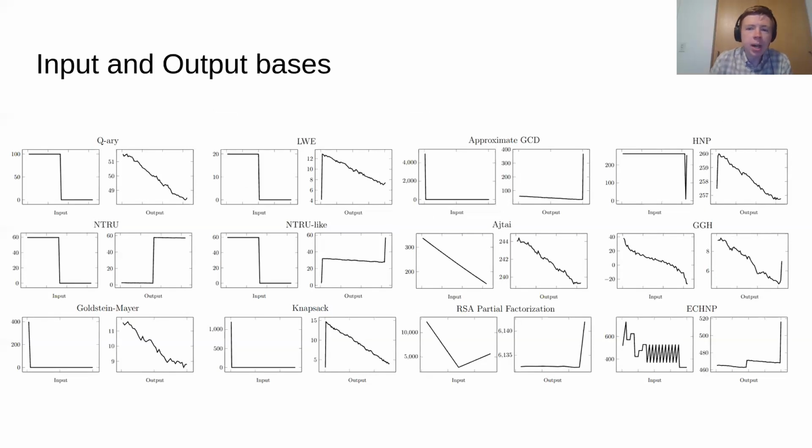As a few more examples of lattice profiles and what appears in cryptanalysis, we have this image from our paper. We have 12 different cryptanalytic problems that can be solved using lattices for certain parameter sizes. You'll see that each of these problems has a pair of lattice profiles, the input and the output, where the input is the profile of the bad basis that is the input to lattice reduction, and the output is the profile of the basis after lattice reduction.